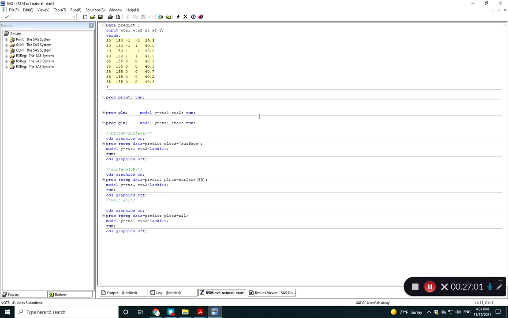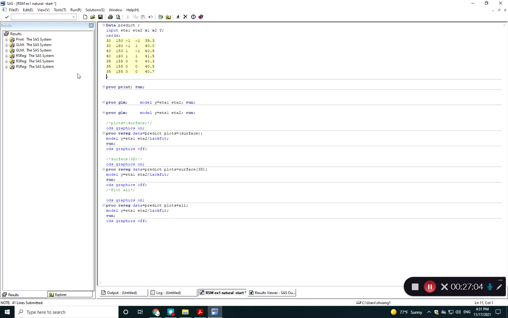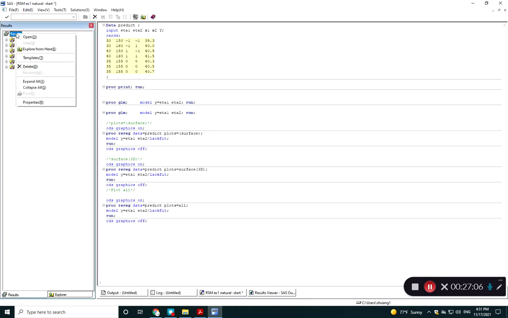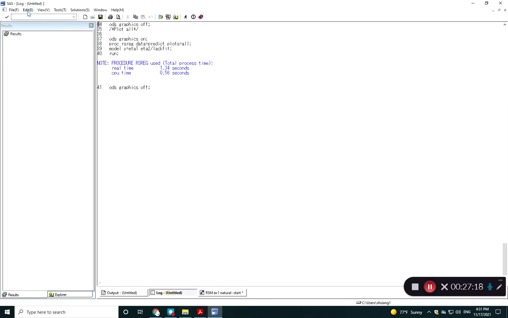So I'm just deleting them for now, and let me just kill the outcome. Now I'm doing 3 center points, and let me clear the log.